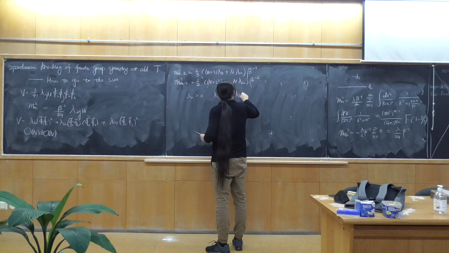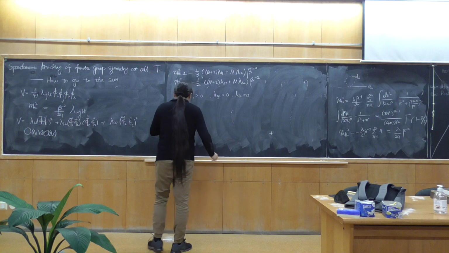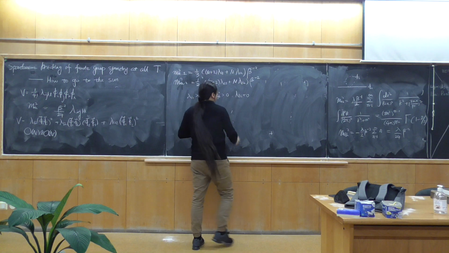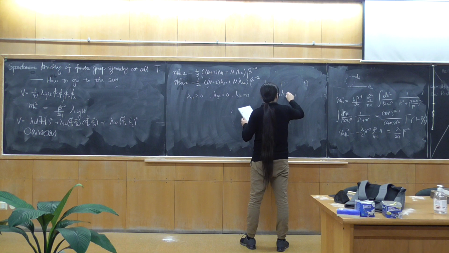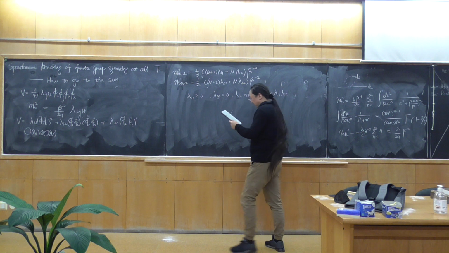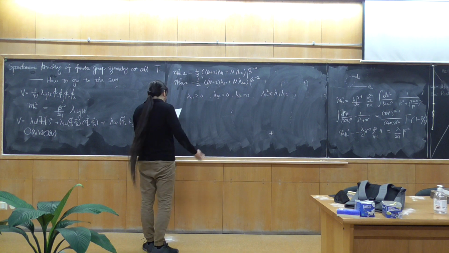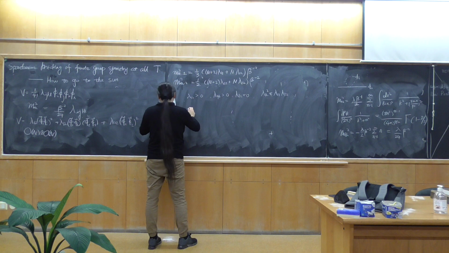So your lambda 1 2 needs to be less than 0. In the meantime, for the potential to be bounded, you also need lambda 1 2 squared to be less than lambda 1 1 times lambda 2 2. Also, you want this one to be much larger than the other one.